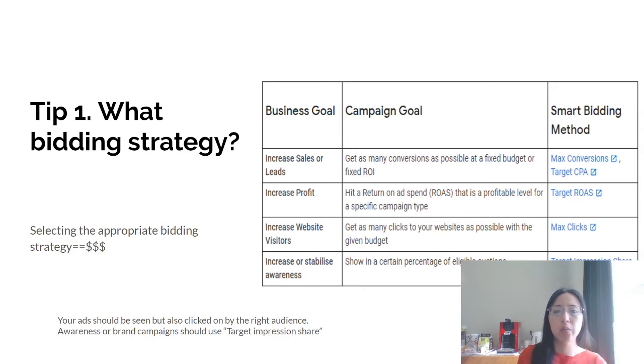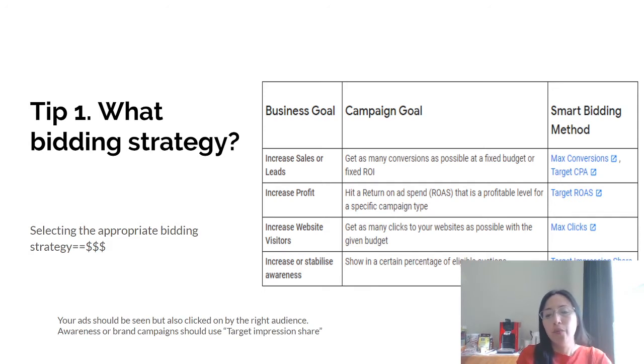So tip number one is, what bidding strategy? As you can see, that would depend on the business goal and the campaign goal as highlighted on this chart. It's very important to start with the business goal, because we first need to plan our campaign. The campaign will have the goal of increasing or stabilizing awareness.